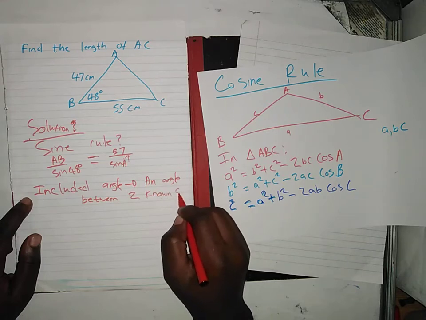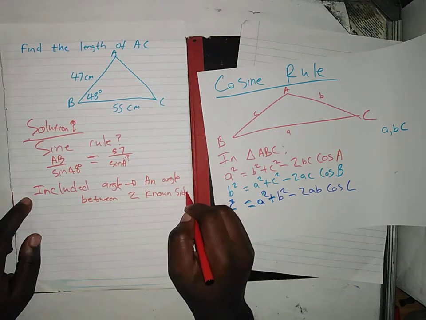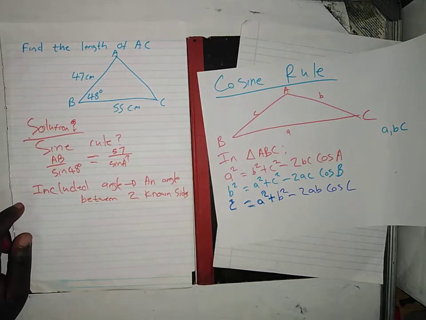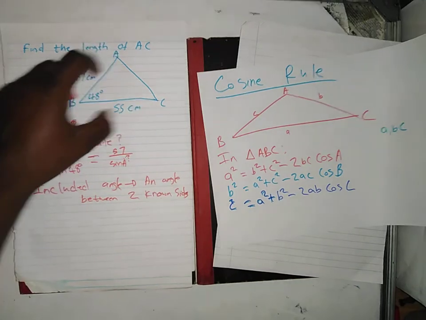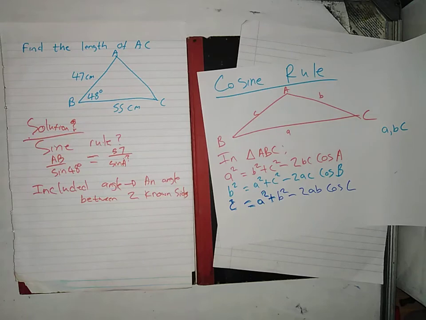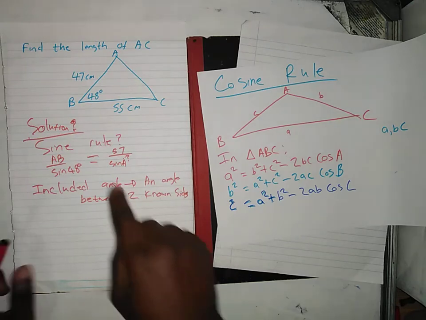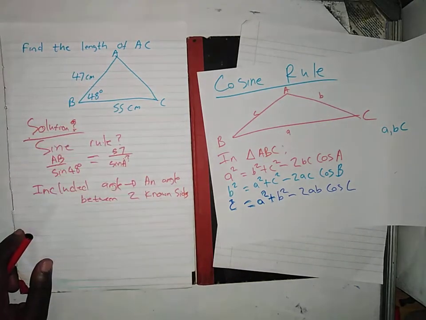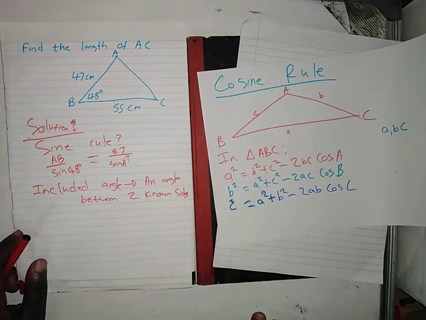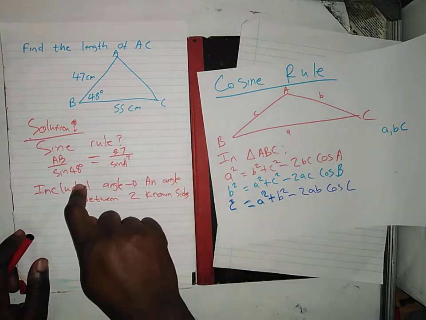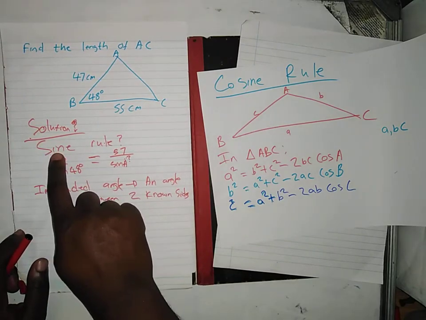Known sides. Can you see? Is the angle between two sides. Okay, now in this part we must have that angle. This angle is between two known sides. Okay, so because we've got an included angle, then we can't use Sine Rule.